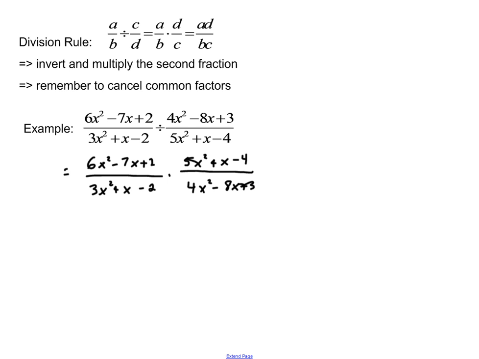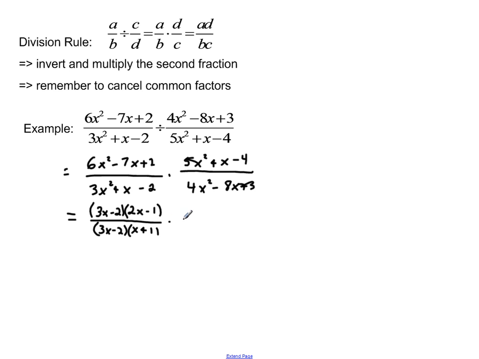And then I factor. So my factorization looks like this. When I look at my two factors in the numerator up here, 6x squared minus 7x plus 2 comes out to be 3x minus 2 times 2x minus 1, divided by, and it looks like 3x minus 2 here, but this time times x plus 1.